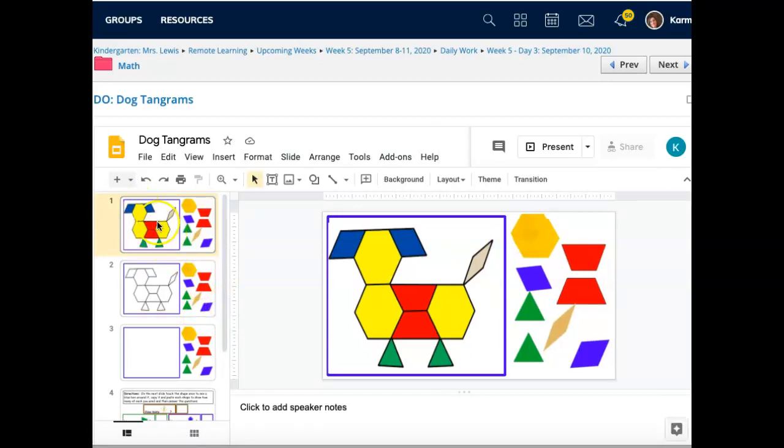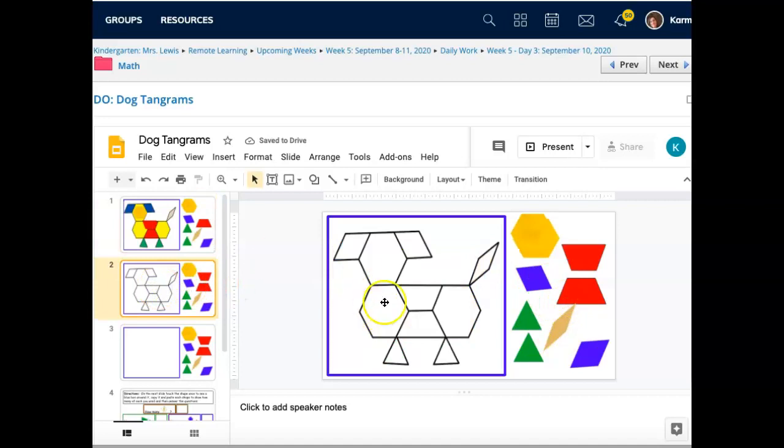Now the first one shows me a dog and it already has the tangrams inside. But if I wanted to, I could also move them over and make them match. And if we go to the next slide, then we'll see that the tangrams are not already there.